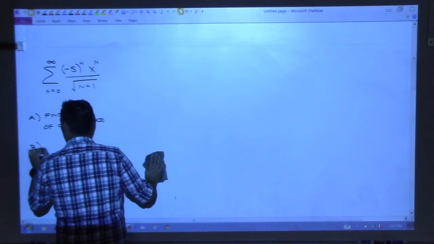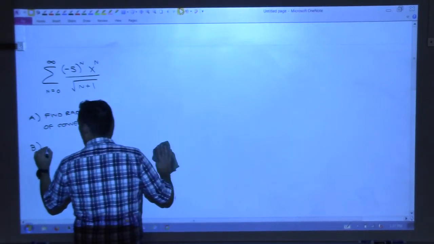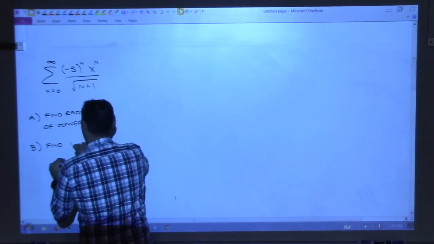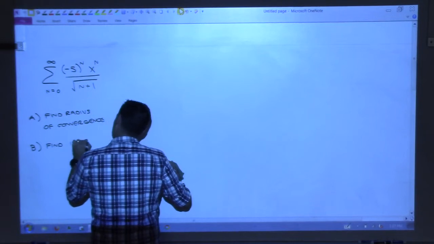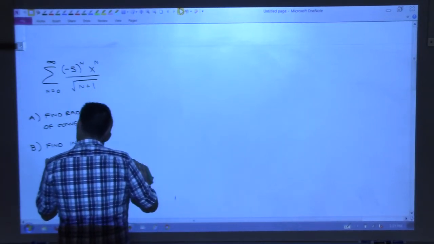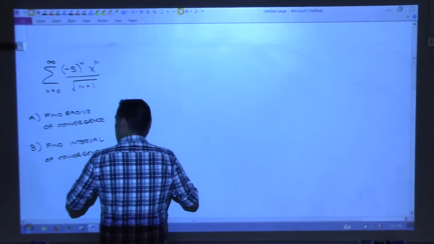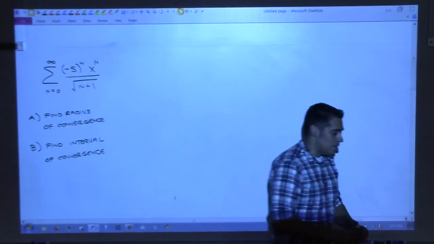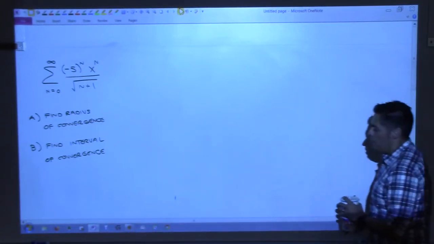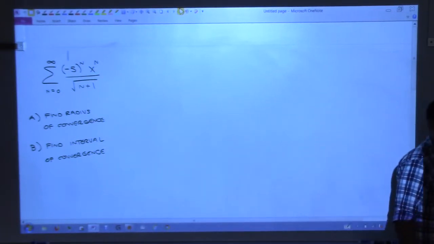My 8-year-old daughter, my 9-year-old daughter, you'll understand when you have kids. Find interval of convergence. She is a way better speller than I am. Actually, she's a better speller than both myself and my wife. My wife asked me last night how to spell scarred. I was like, scarred?